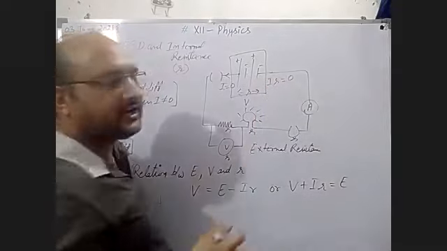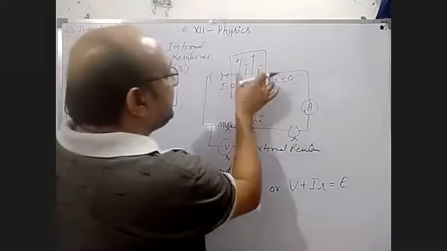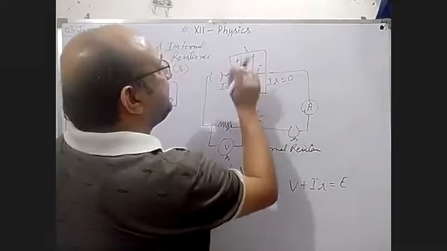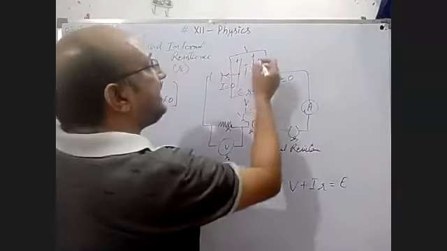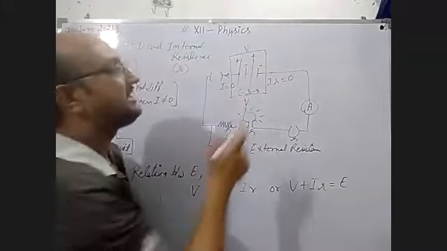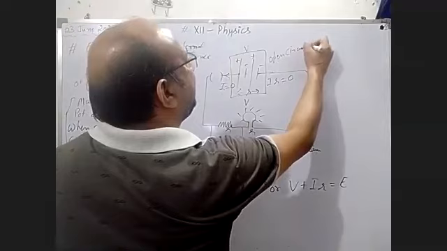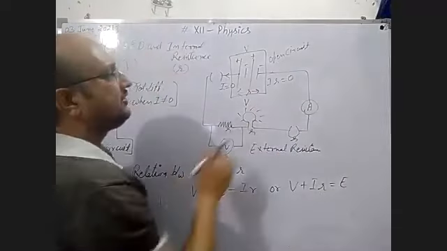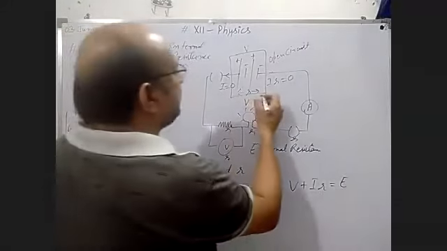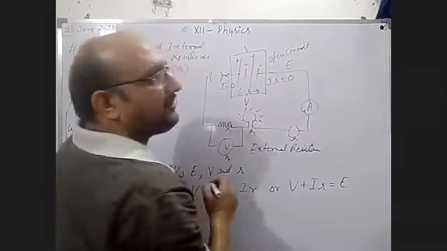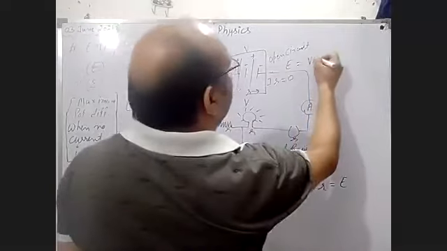No current runs from the battery, so there is no voltage on the battery. IR is equal to 0. Now this value of voltage is called EMF. So EMF is equal to V plus Ir.